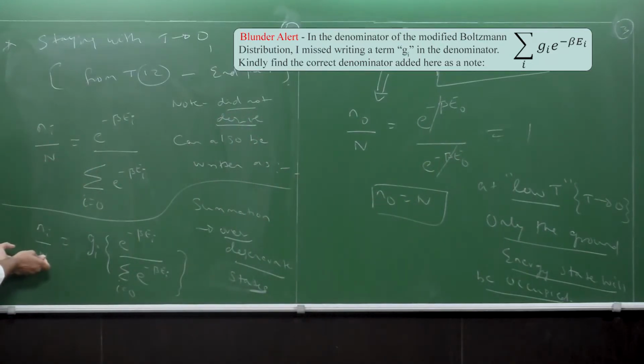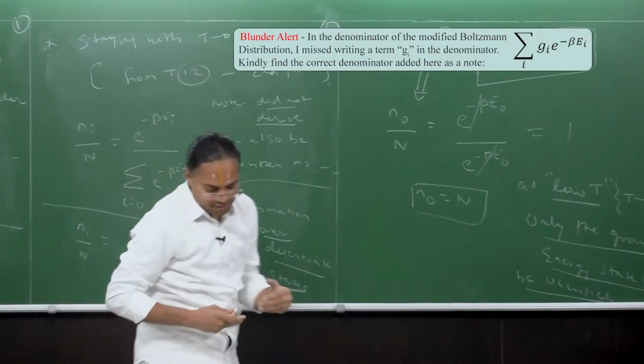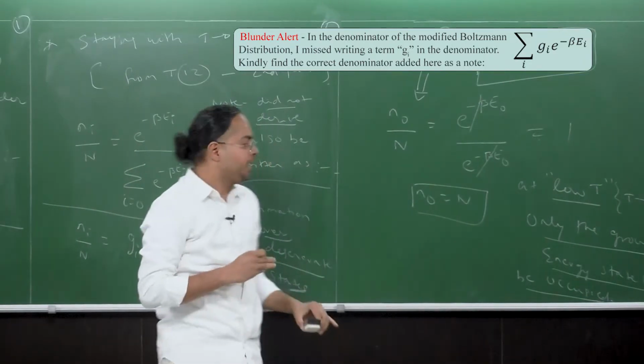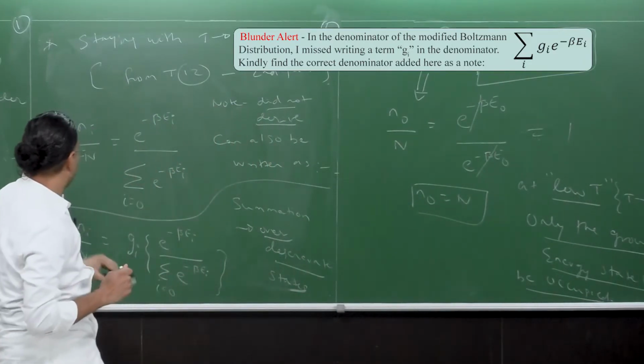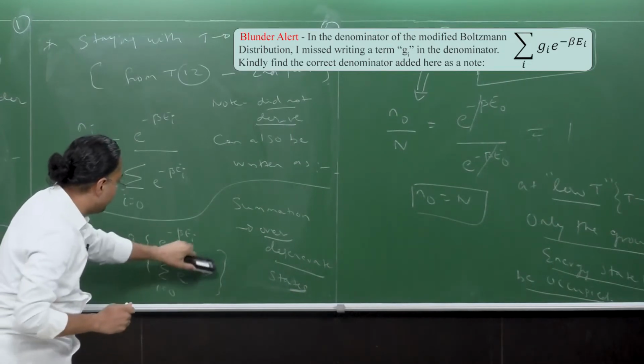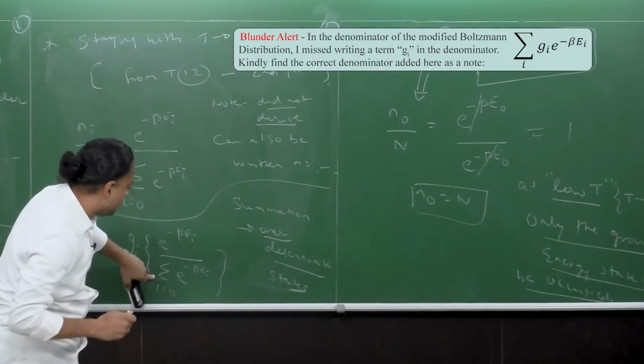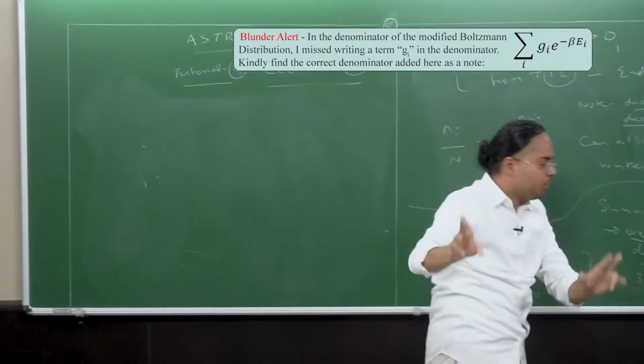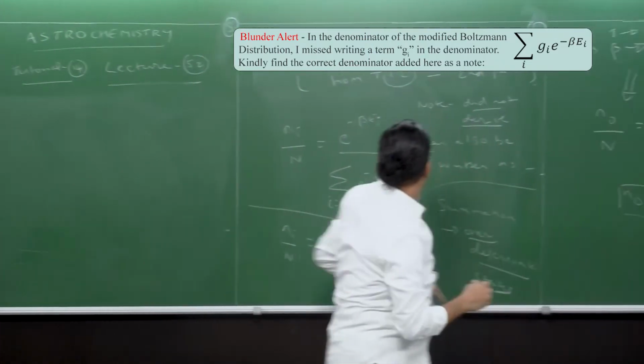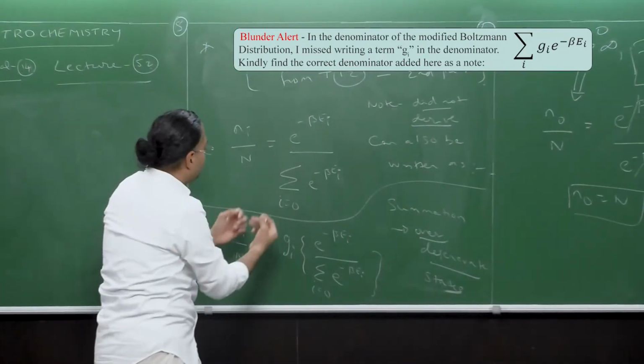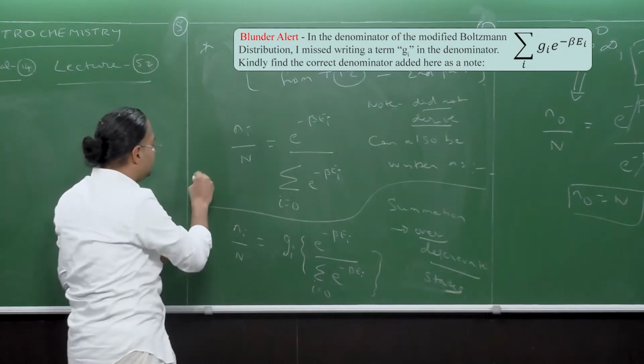By using this equation, we shall be getting that my denominator is this one, this particular term, that is Z here. What are we looking at? Just like, by using this equation, let's call this the Boltzmann distribution without degeneracy.